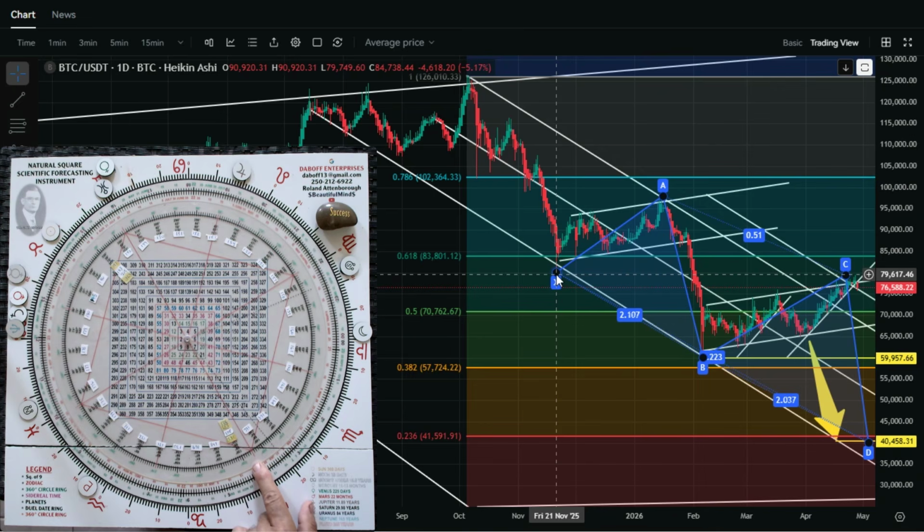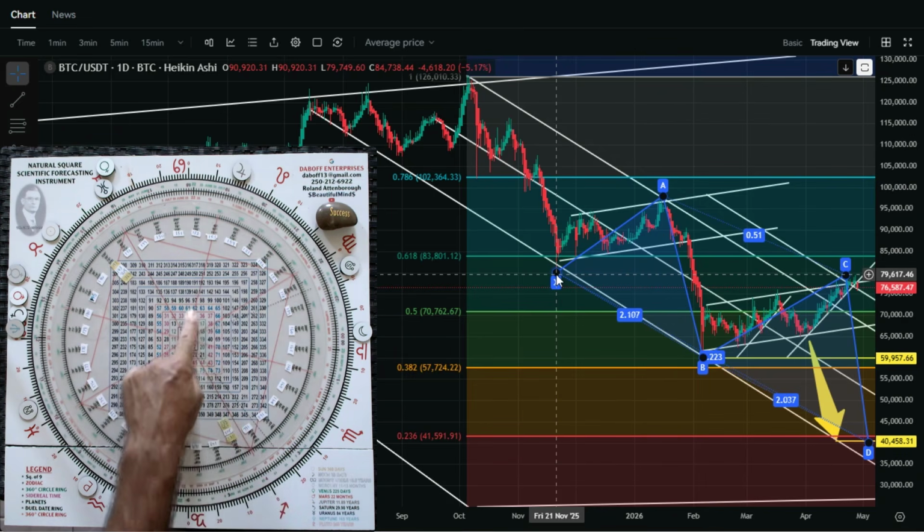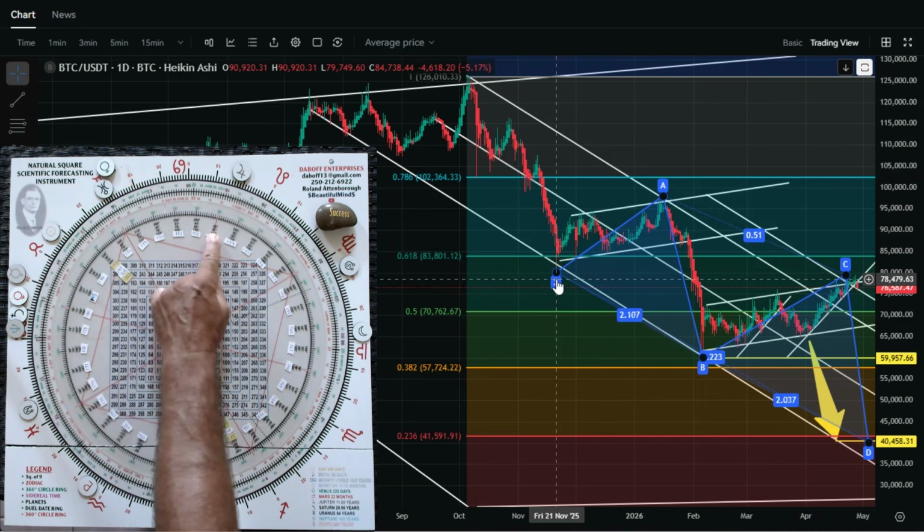This lines up on a 45-degree angle and perfectly with 81. So now we have a low and a bottom point that is double confirmed by the angles.